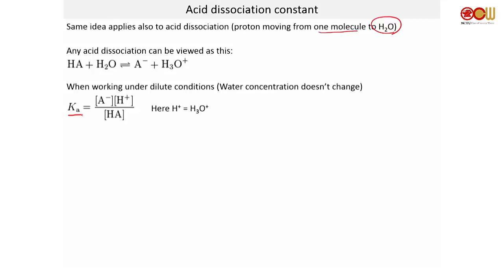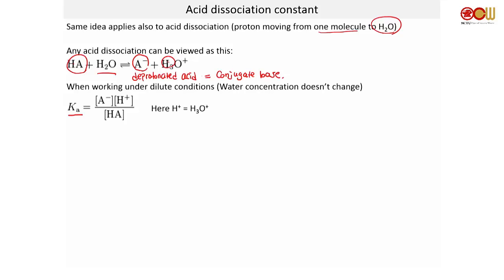Ka is essentially the equilibrium constant of acid plus water giving you the deprotonated acid, or what we usually call the conjugate base. And then the proton is right here on water.